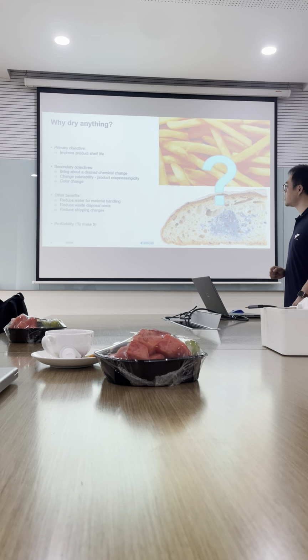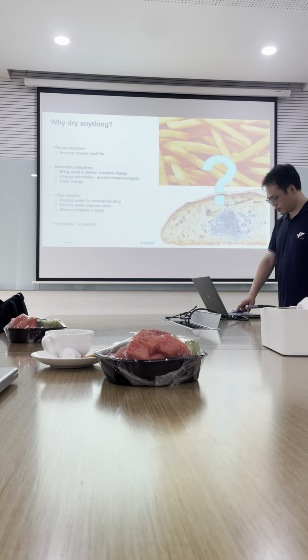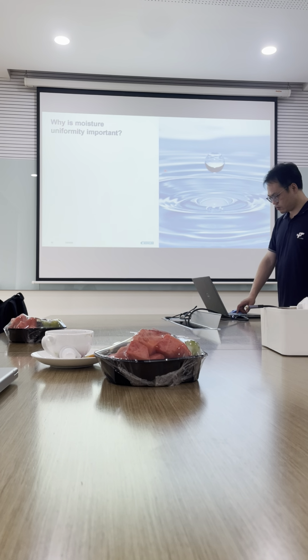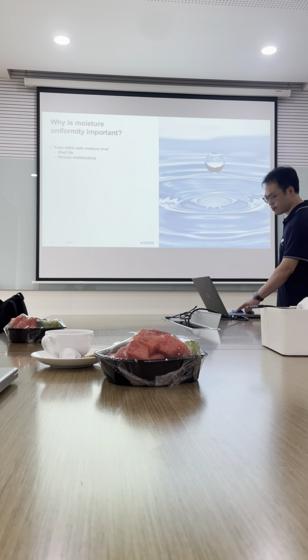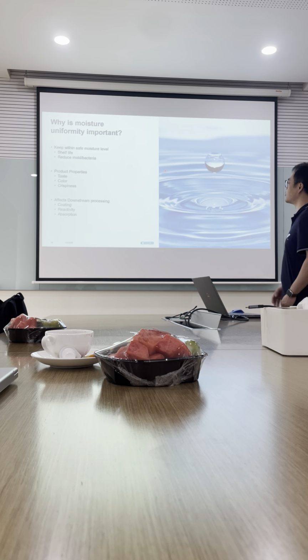The other important reason is profitability, because we know the final goal of the company is to make a profit. The moisture uniformity is very important. This is also a key point during the dryer commissioning. So why is it important? First, most products have a maximum moisture level.